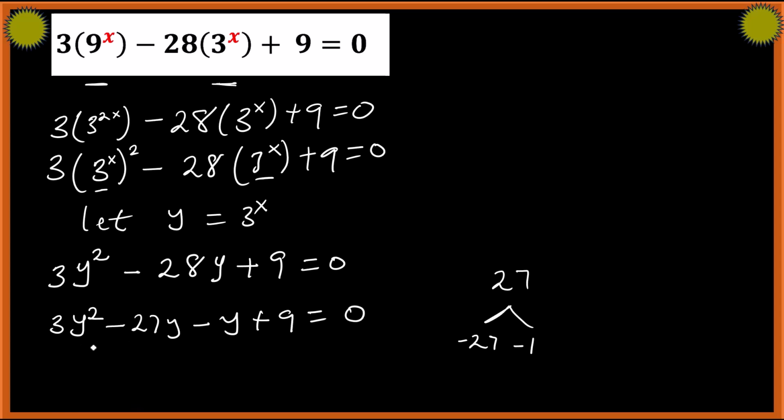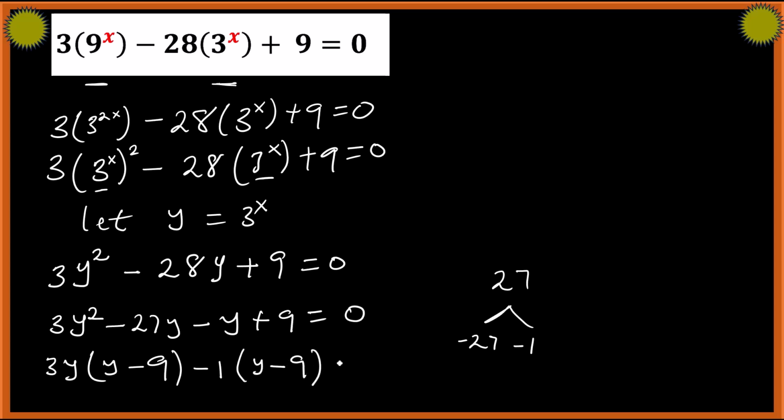You know, 3 can go into this, so let's take 3y out. So I will leave y here. This 1 times y will be 3y squared. Okay, so minus 9, because 3y times 9 is minus 27y. Okay, so let's take negative 1 out here. So if I do that, we'll have y minus 9 equal to 0.